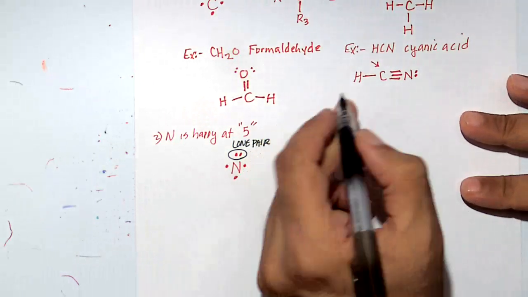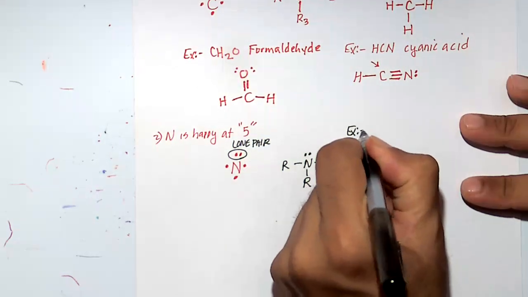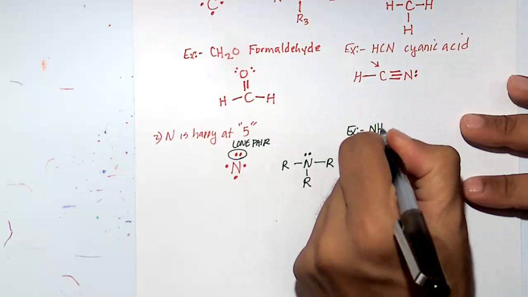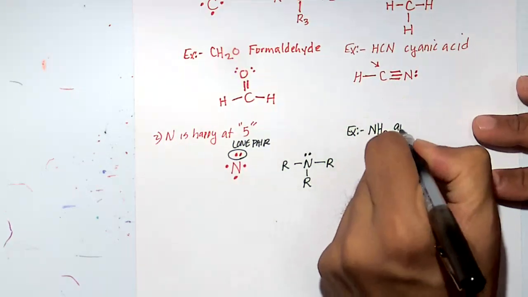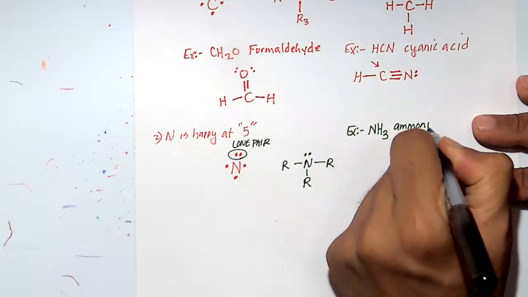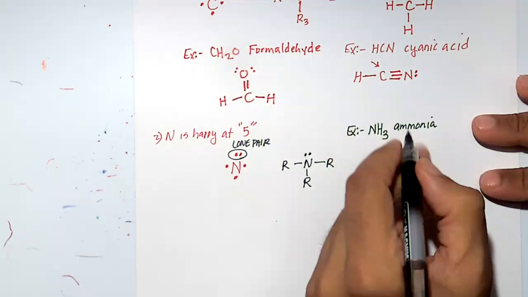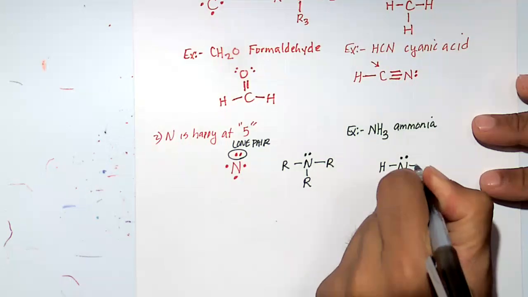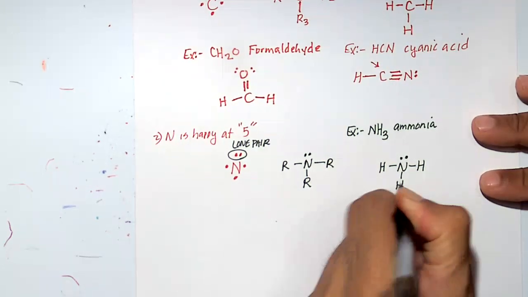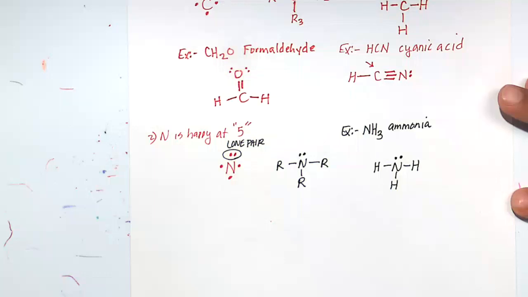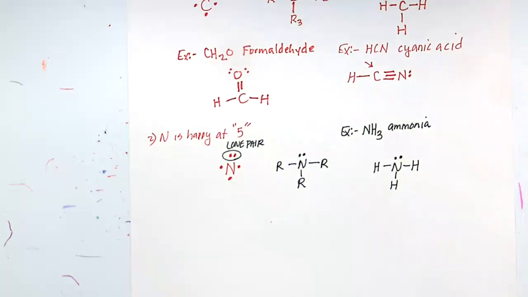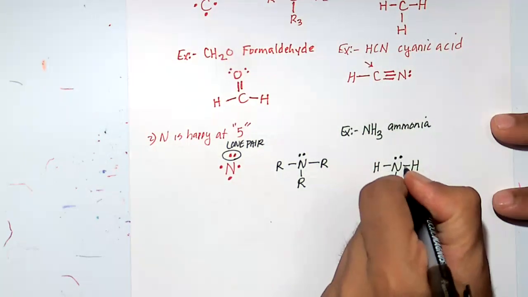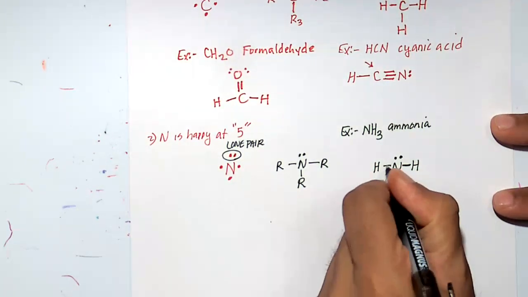Let me give you an example of this. We'll replace the R's with H's and get NH3, ammonia. Count with me: 1, 2, 3, 4, 5.